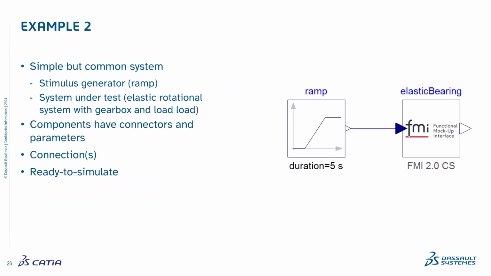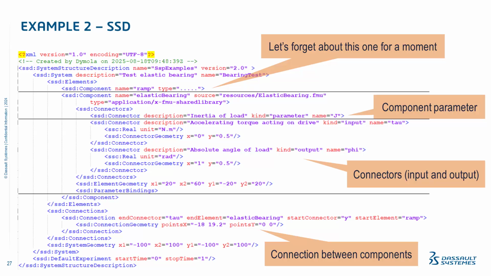So the second example is simple but a little bit more challenging. It has two components and a connection between them. So this is a typical example of a ready-to-simulate SSP structure. So let's forget about the stimulus components initially.